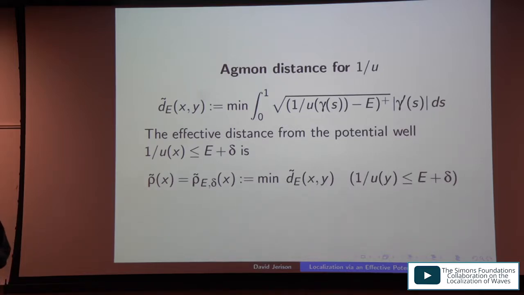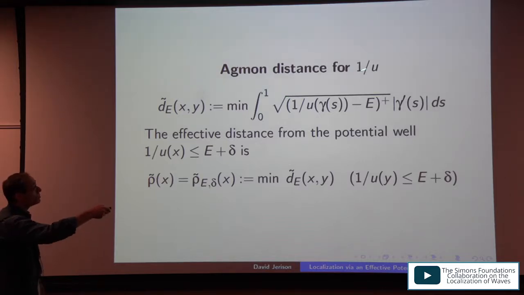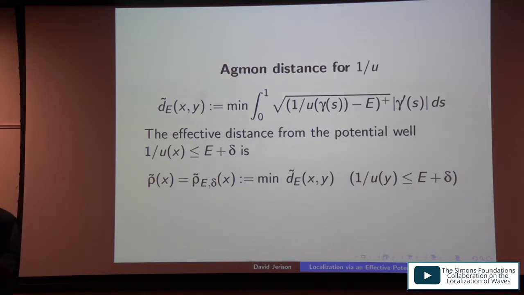So we just changed the definition of the Agmon distance, and fortunately, you've already seen this once. All you do is you plug in where you see the potential, you put in 1 over u. That's the only change. So that's it. It's the same notion, and we've seen it before.